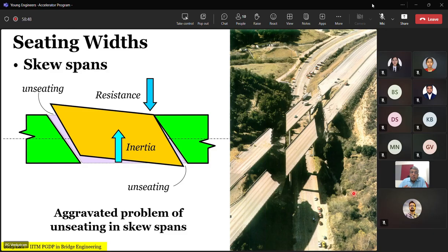Now, the third special thing that you need to be careful about is when you are seated on bridges on skew. The example that you are seeing here is a skew bridge, in which the span crossing the road is integral, and then you have a simply supported bridge deck coming and sitting on top of it.